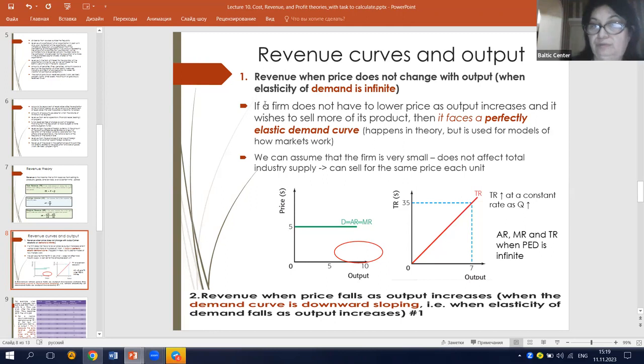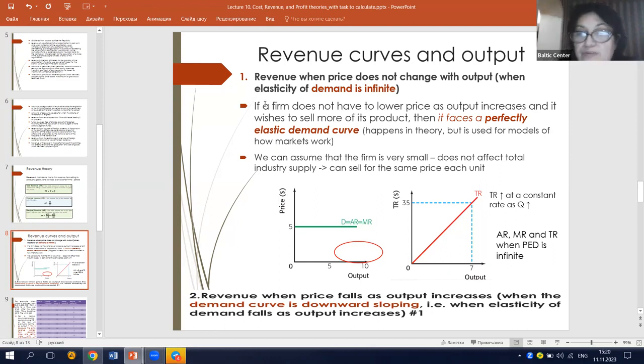So the demand is going to be elastic, sorry. So it happens in theory, but it's used for the models, how the market works. So it's really the theoretical base, but in practice, it can also behave maybe a little bit different with small deviations, okay? We can assume that the firm is very small, does not affect total industry supply. So it can sell for the same price each unit.